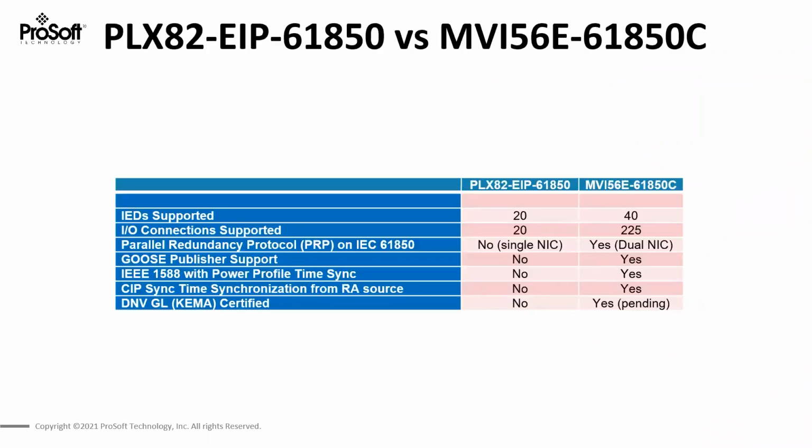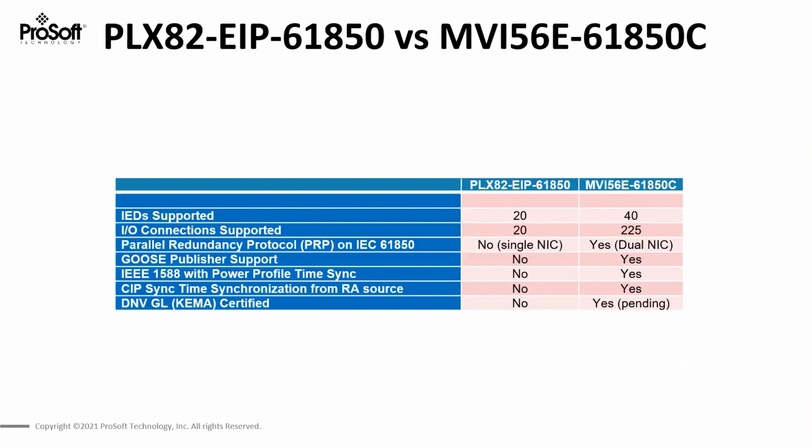So as we look at comparing our old gateway module with this new in-chassis module, some of the key things that I've touched on: I already talked about the IEDs supported and the 225 IO connections.